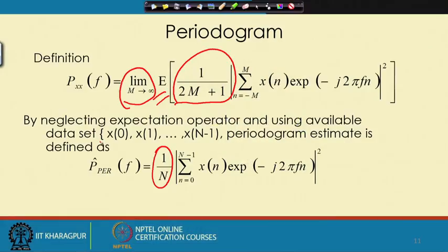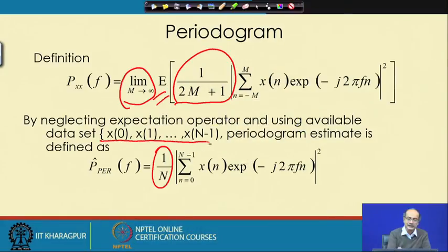But in practice, most of the time we are left with one single set of data. So, we do not have the luxury to do the averaging over that random space. So, we simply drop that expectation operator.